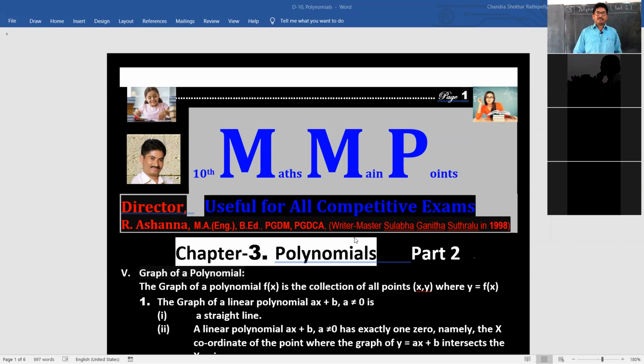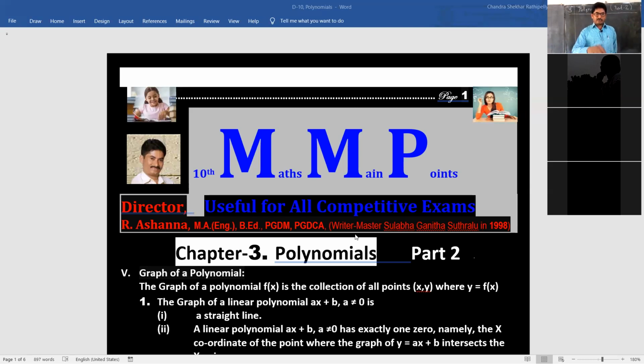The 0 of the polynomial ax minus b is b by a. Very good. The 0 of the polynomial ax plus b is minus b by a. Very good.